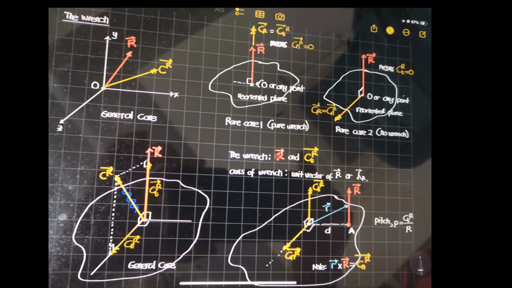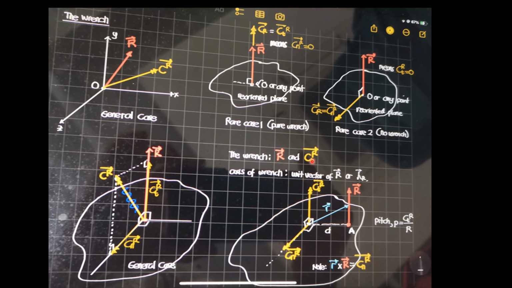So the wrench therefore consists of this force here and this orthogonal component of the resultant couple in the direction of R. So that's the wrench effect, remember. So when you specify the wrench, it is the force R and this tangential component of the resultant couple in the direction of that force.